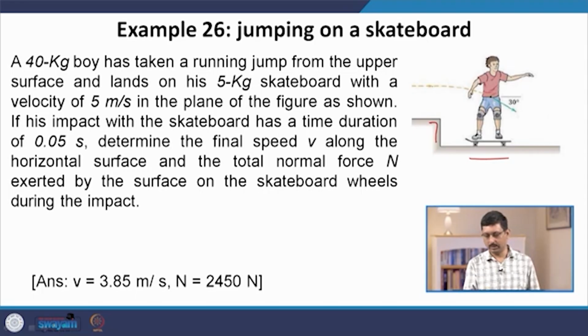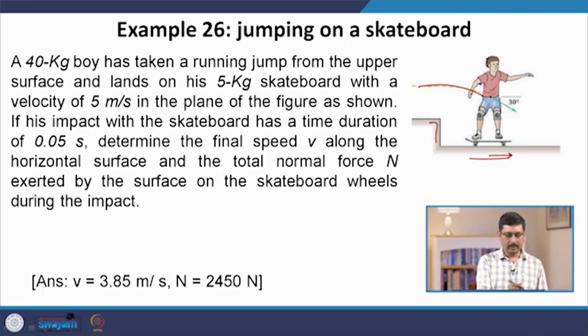This is the trajectory of the center of mass of the boy. As a result, the skateboard gets a jerk impact and moves to the right with the boy. This is how he initiates the skateboard.